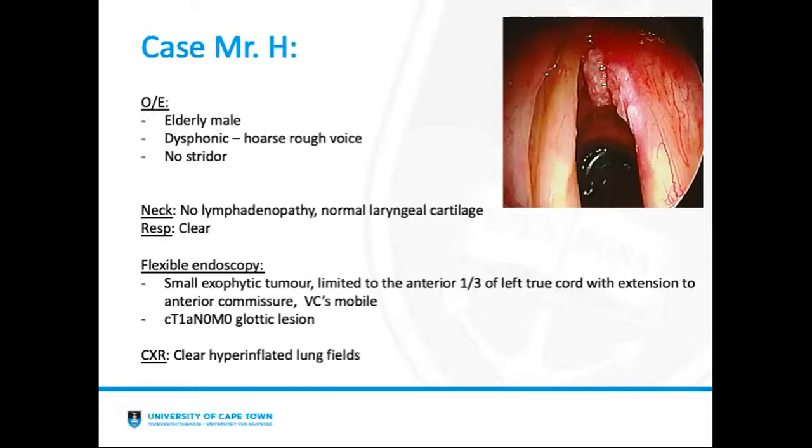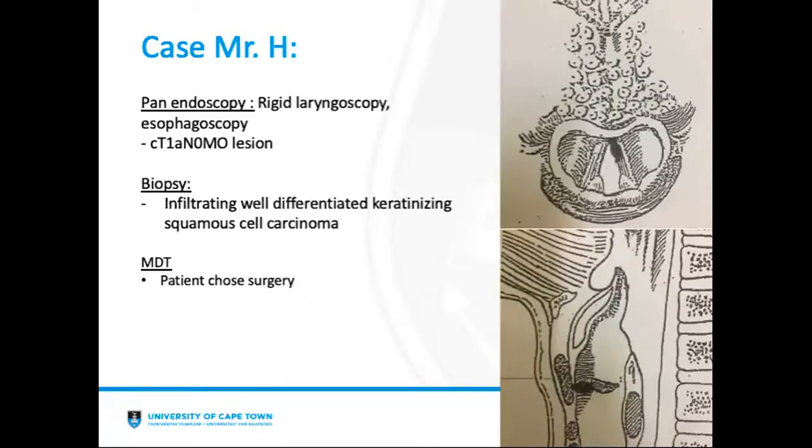Flexible nasal endoscopy was done, which revealed a small exophytic tumor limited to the anterior third of the left true cord with extension to the anterior commissure. His bilateral vocal cords were mobile and symmetrical, and he was provisionally diagnosed with a suspected clinically T1a N0 M0 glottic lesion. Chest x-ray was done, which showed clear hyperinflated lung fields with no evidence of metastatic disease.